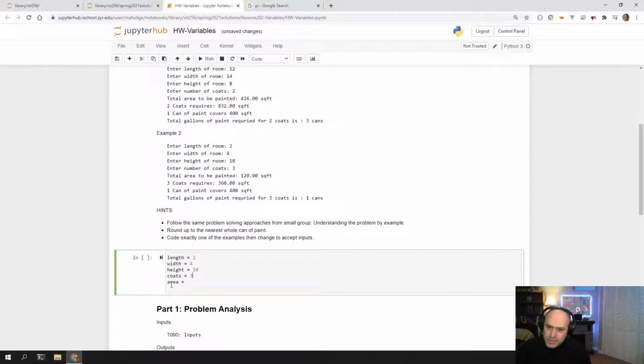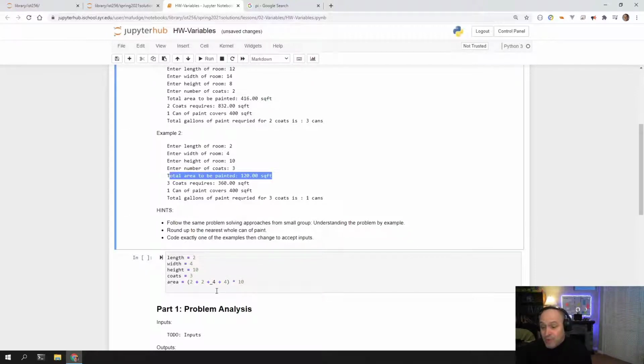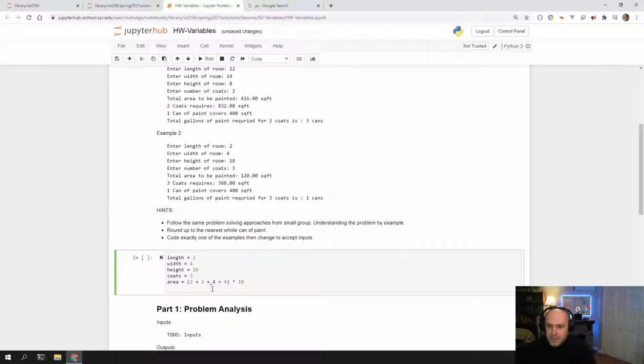So it's one wall, 2, plus the other wall, another 2, plus the width, 4, plus another width, 4, and that's all the walls. And then they're all 10 feet high, right? So you have to take all of that and multiply it by 10. And does that come out to be this example, 120 square feet? I don't know. I'm going to let Python do the math for me.